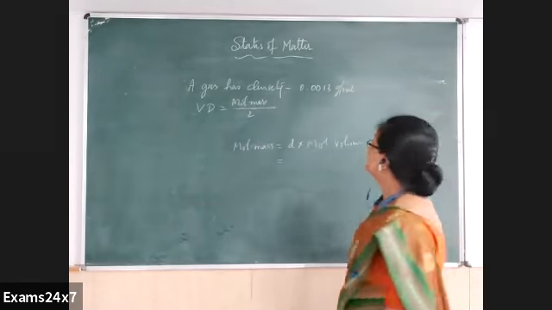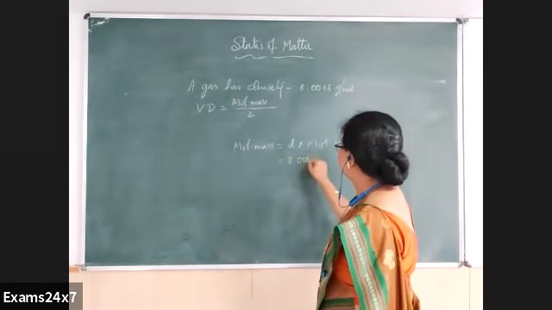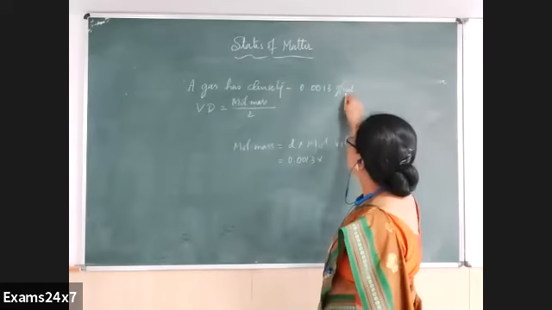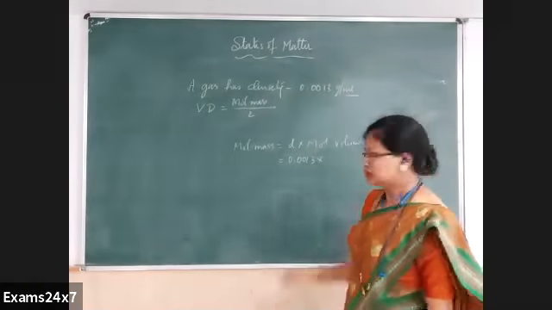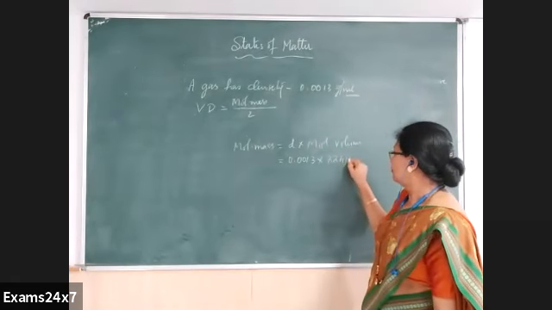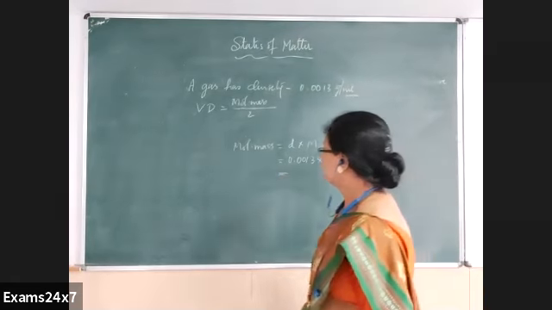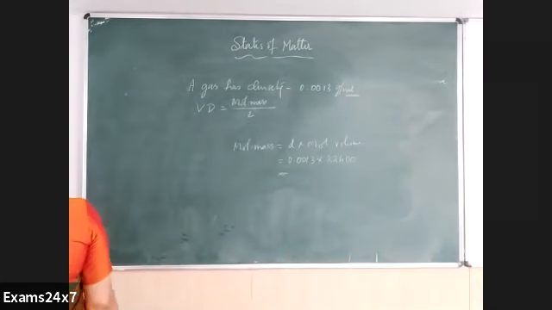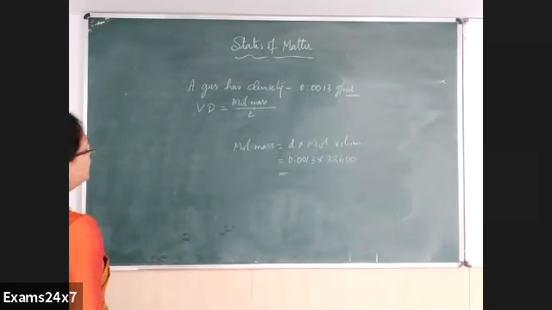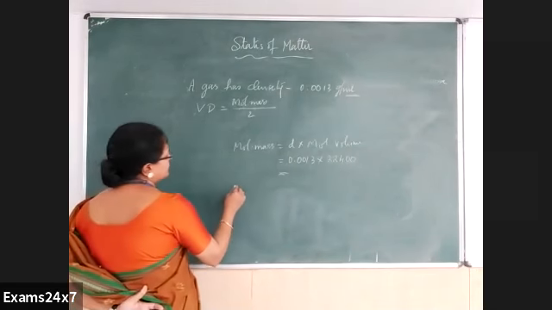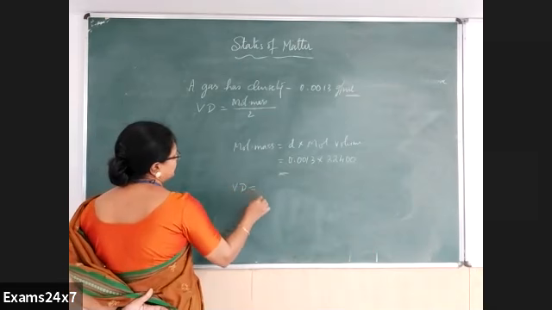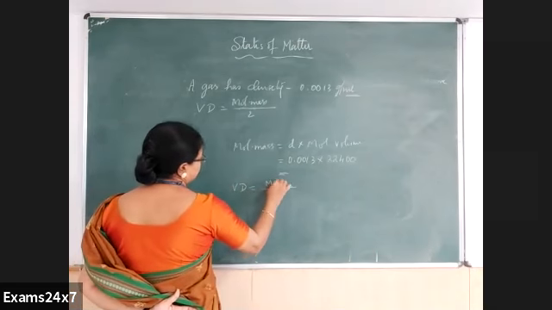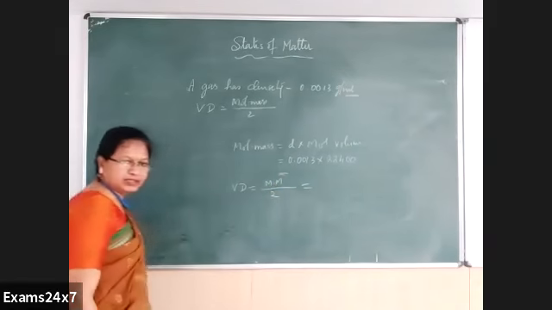Density given as 0.0013 into molar volume. This is in gram per ml, so molar volume also should be in ml, 22,400. Get the value of molar mass. Once we get the value of molar mass, then vapor density will be molar mass by 2. Get the answer.